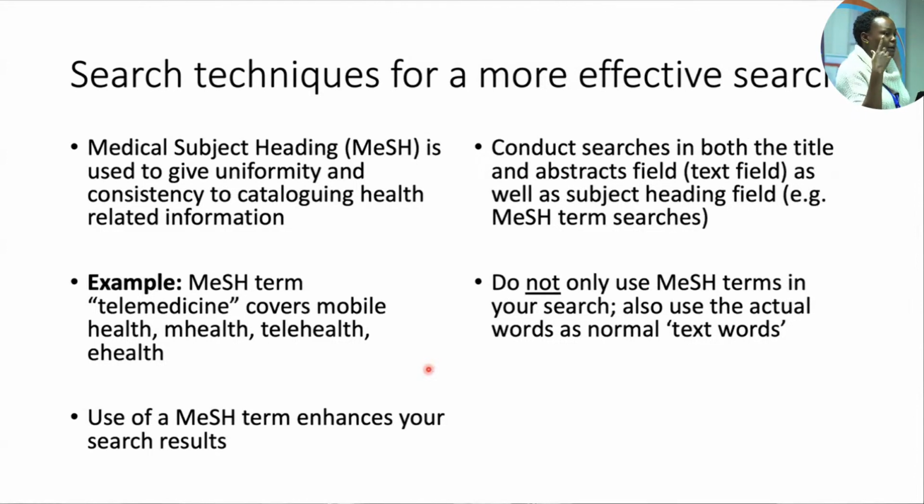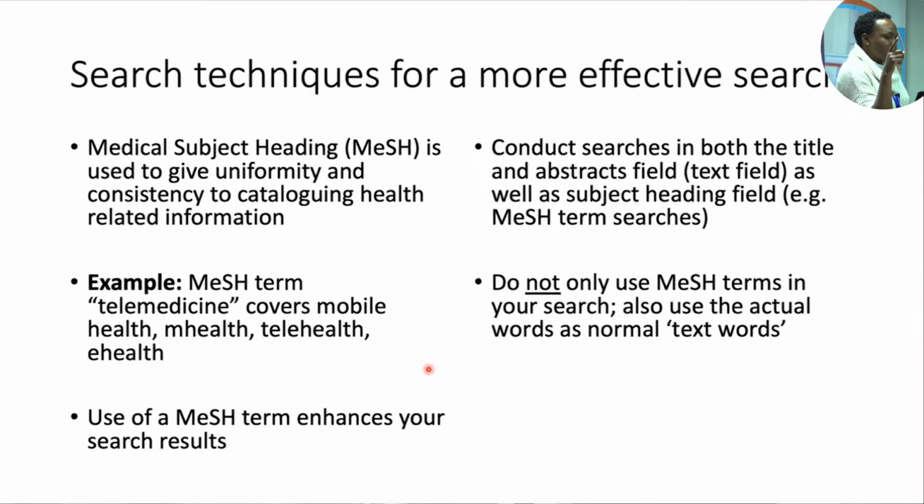So normally when a paper is published, there are people who now go through the content of the paper and classify it and say, this paper talks about postpartum hemorrhage, it talks about this, so it's been put under particular headings. So typically when we are searching, we should search the term itself as text searches, just text word, but also search it as a MeSH term.